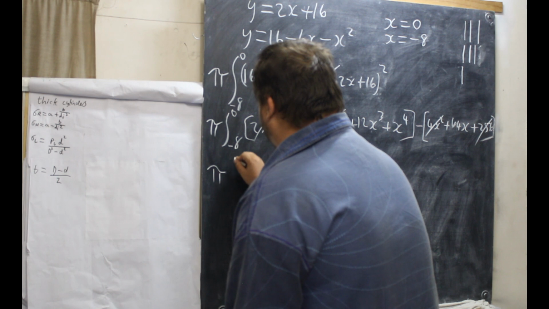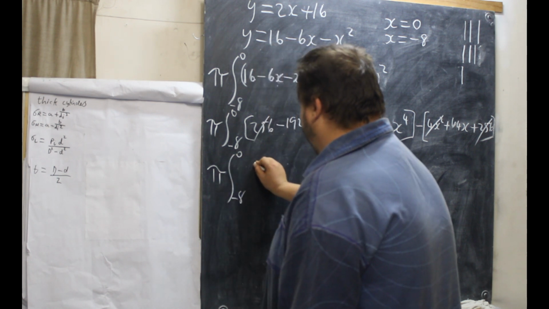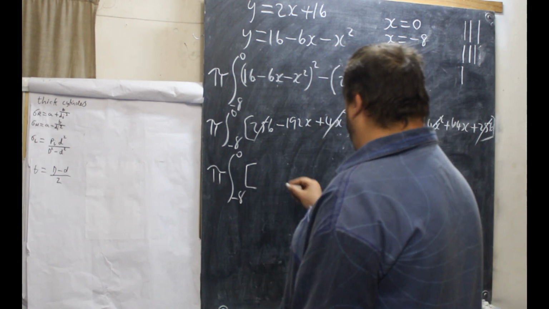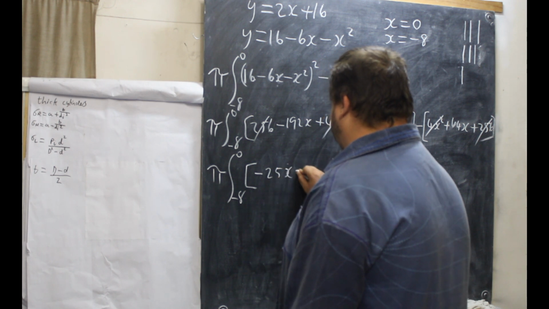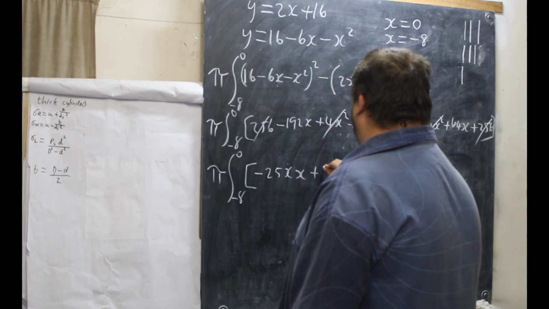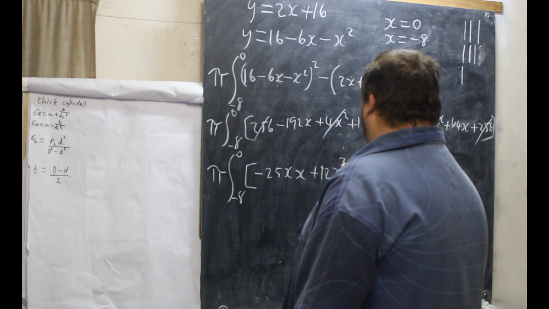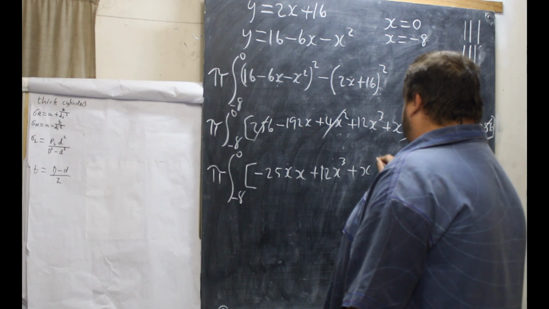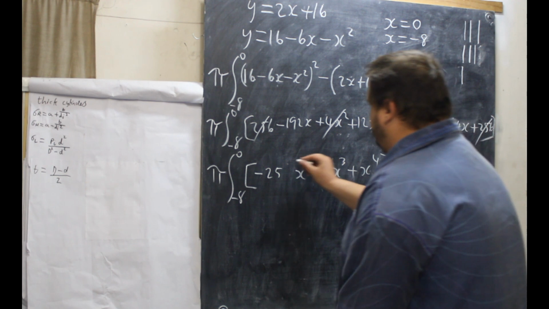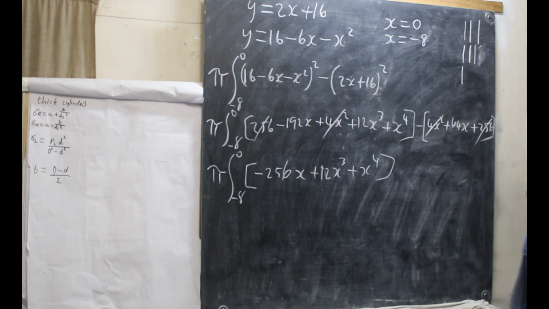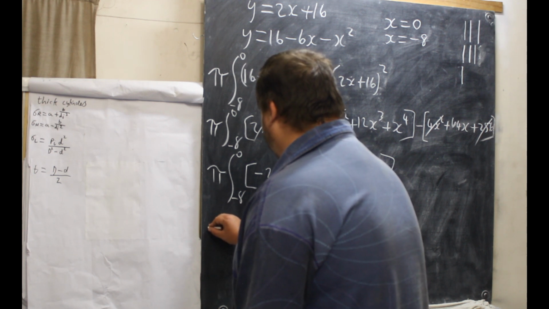So pi times 0 to negative 8 of minus 256x plus 12x cubed plus x to the power 4. Okay, next step is now we can integrate.